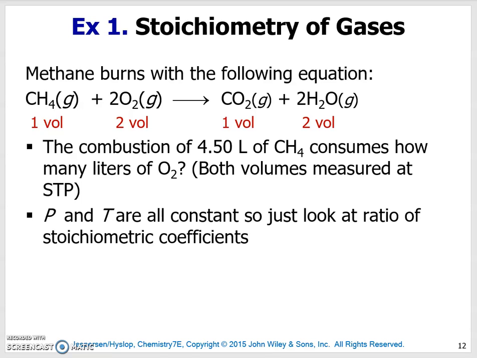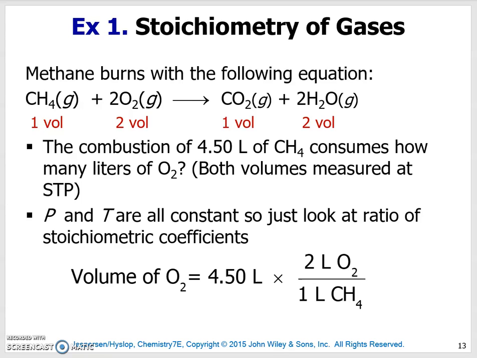So we're just going to look at the stoichiometric coefficients and use those ratios as if they're volumes. So what we're going to do is take the volume of methane and then multiply by the stoichiometric ratio, 2 liters of oxygen to 1 liter of methane.